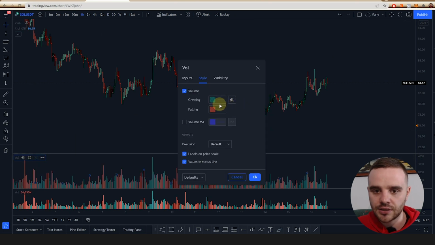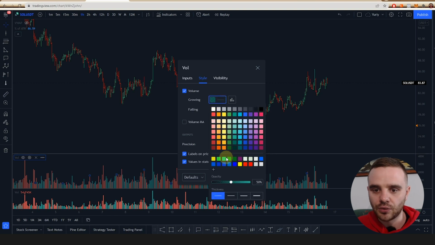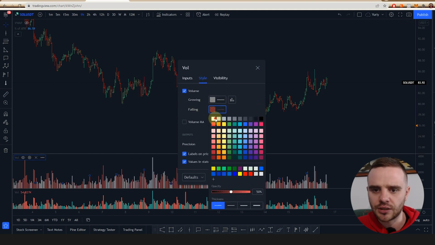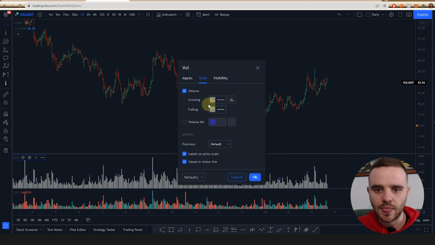I can open settings. I can choose a color for growth, for example, blue. Some people use only black, only white. It's up to you to decide what colors there must be. Volume moving average, you also can use a volume moving average and see the amount of coins in an average trade.